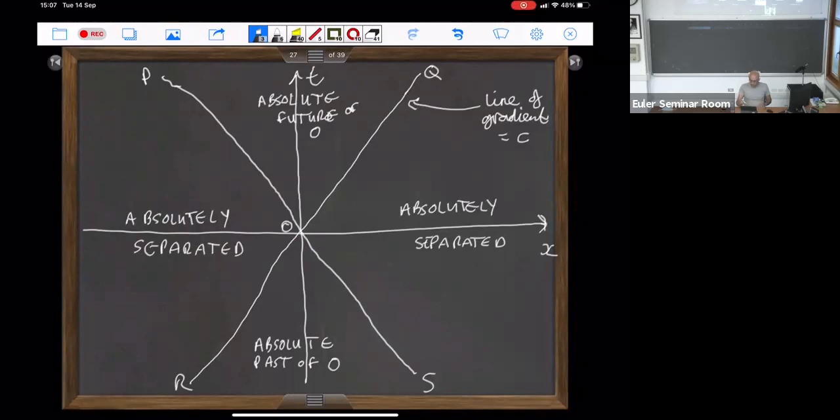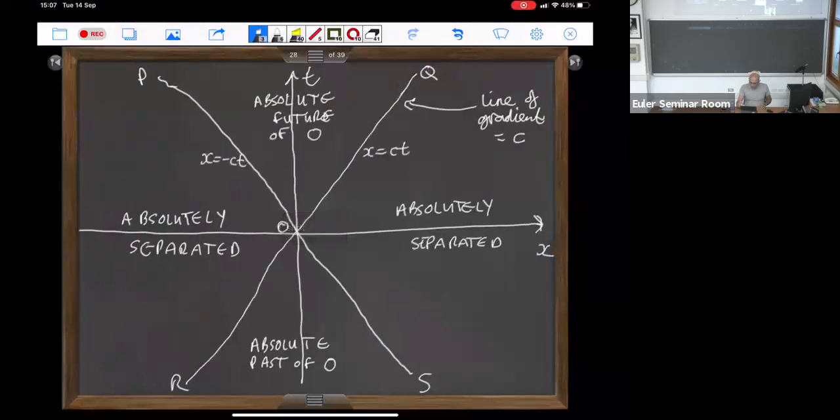The reason for it is that, see these diagonal lines, P to S and R to Q, those are the lines along which light would travel. So any object moving at the speed of light would live along those two lines, because those two lines are the solutions of x squared equals c squared t squared.